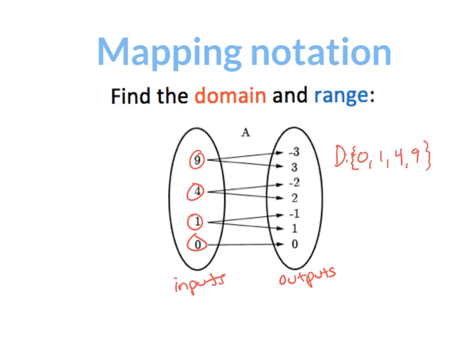The range then would be all your outputs. Notice there are none that repeat there. The smallest one would be -3, first, and then -2, then -1, and then 0, 1, 2, and 3.